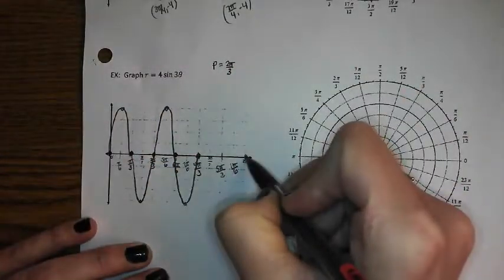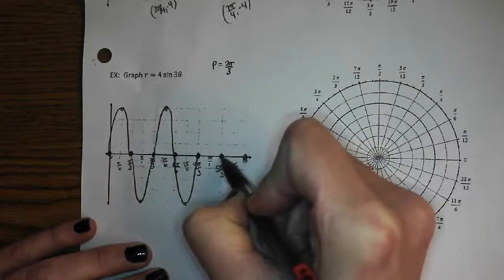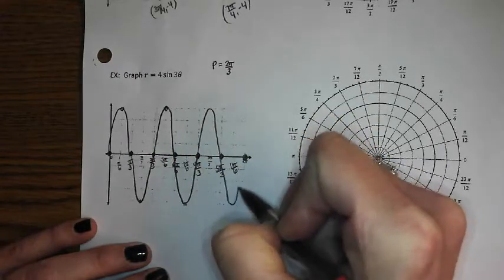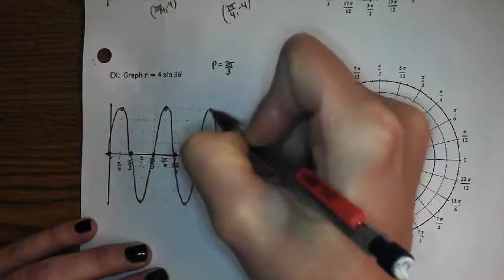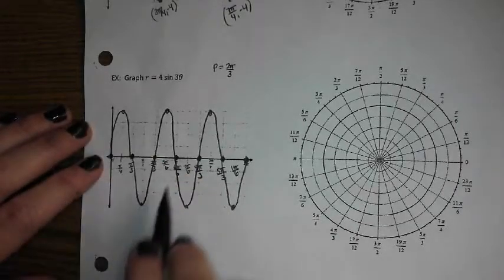And our third has to finish by 6 pi over 3. Lots of zeros again. So I'm not going to label all these points here.